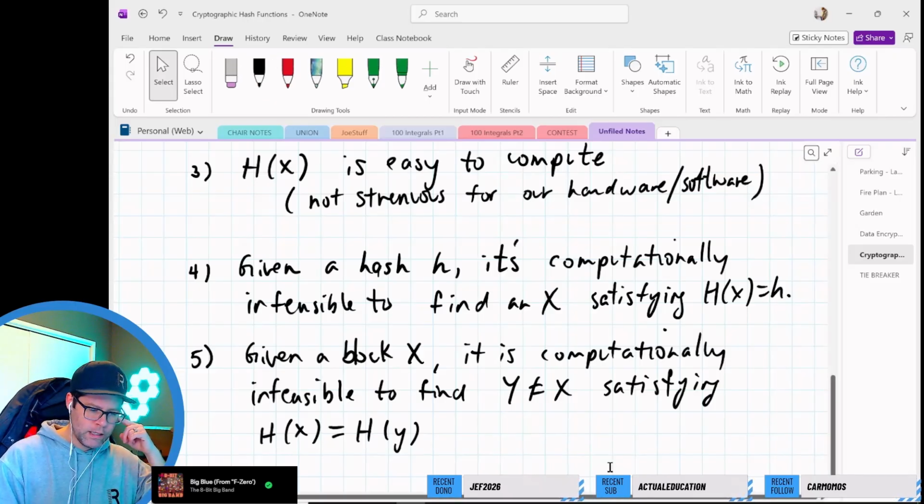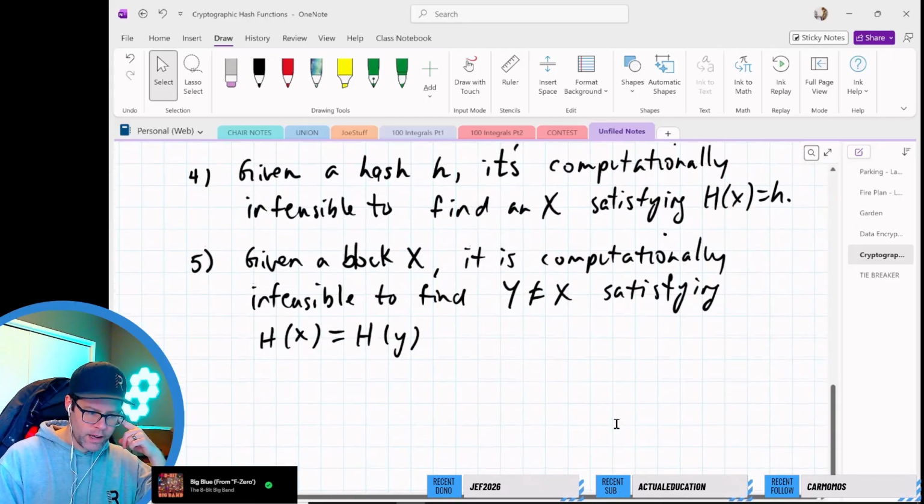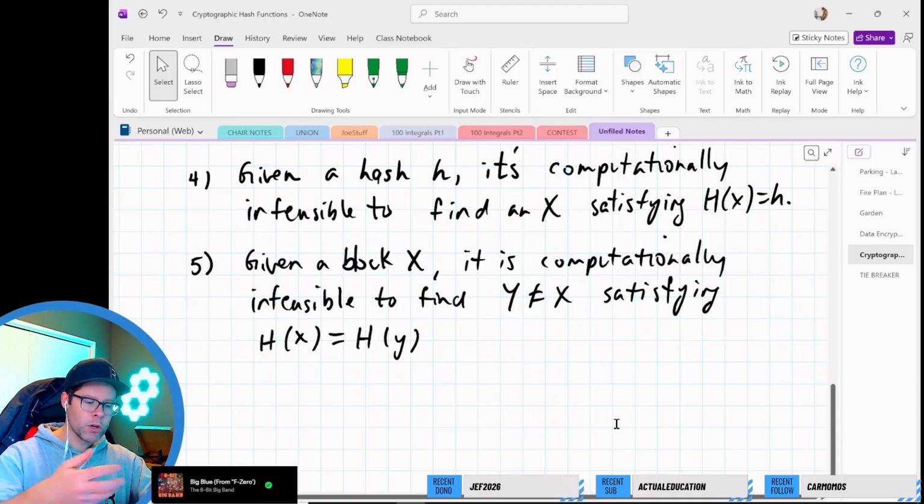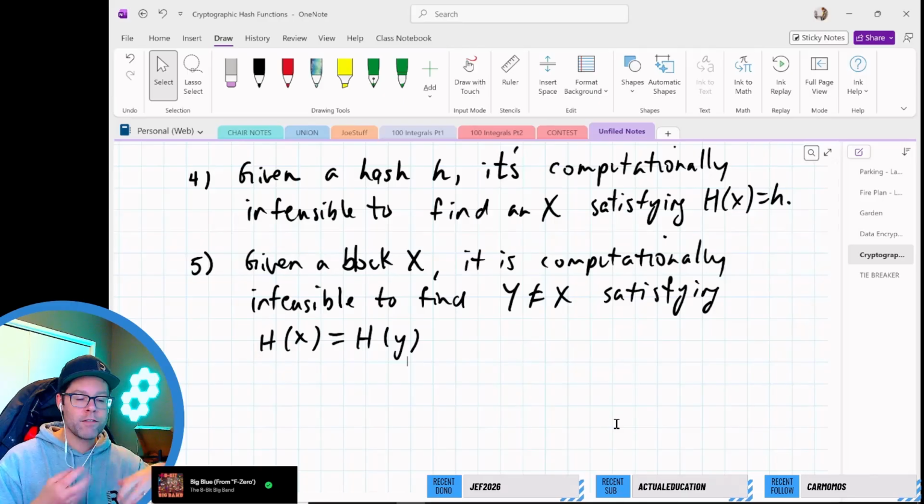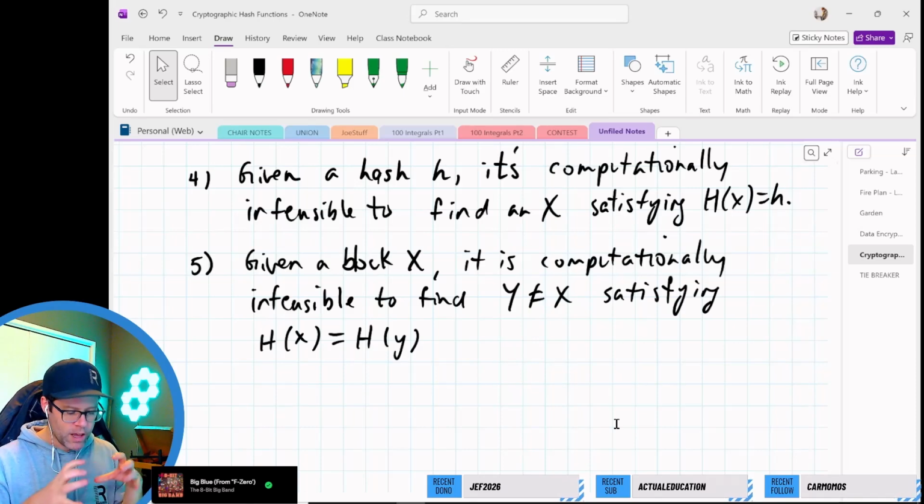Property 5 is the reverse. So it's saying if I happen to know what an input block was, I want to ensure that I can't find another input block that gives the same output. If I know the input, I could put that through the hash function to get my output.